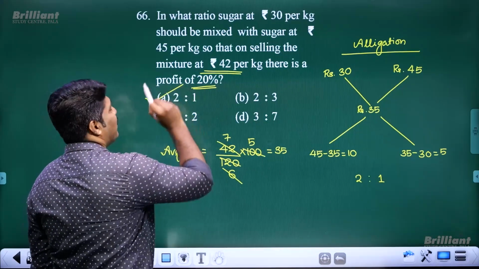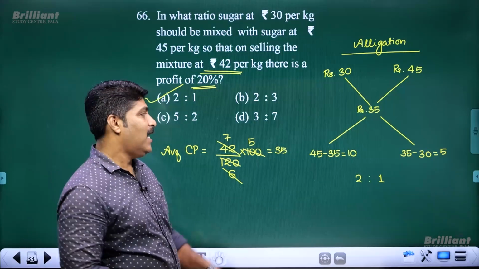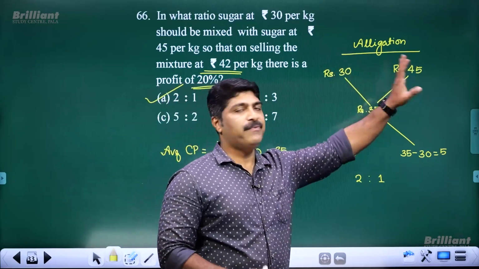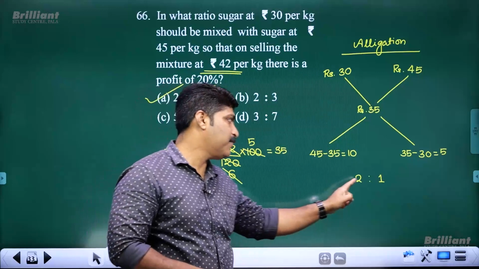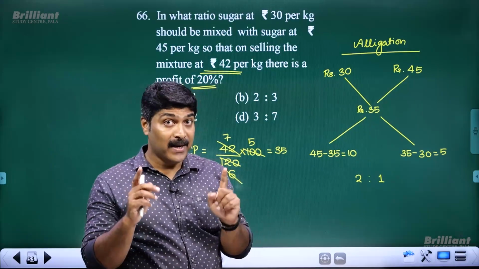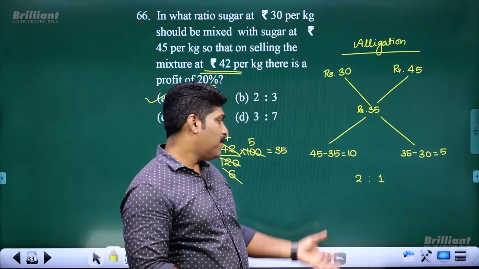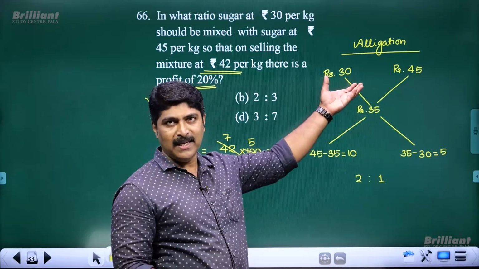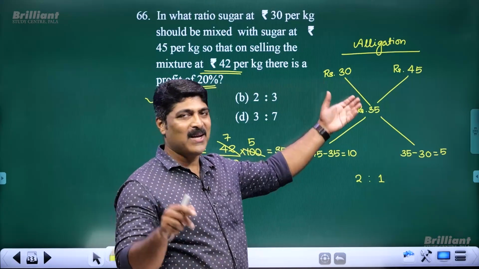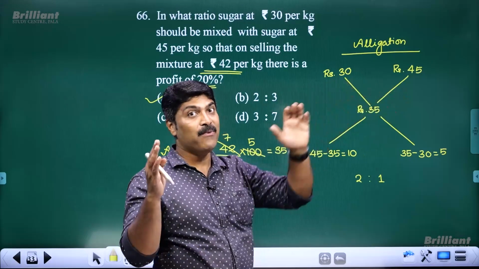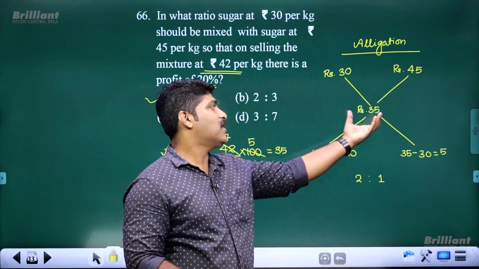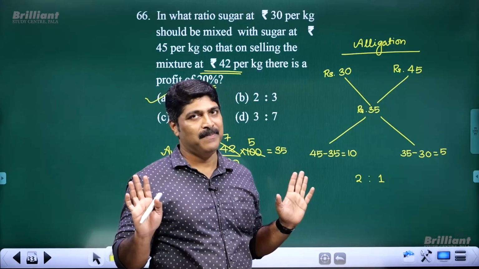That's our required ratio. Understand the situation? If we mix these two varieties of sugar in the ratio 2:1, in the sense of quantities, that means if you buy 2 kilograms of the first variety, you have to mix 1 kilogram of the second variety. Then only will you get a new mixture whose average cost is rupees 35 per kilogram.